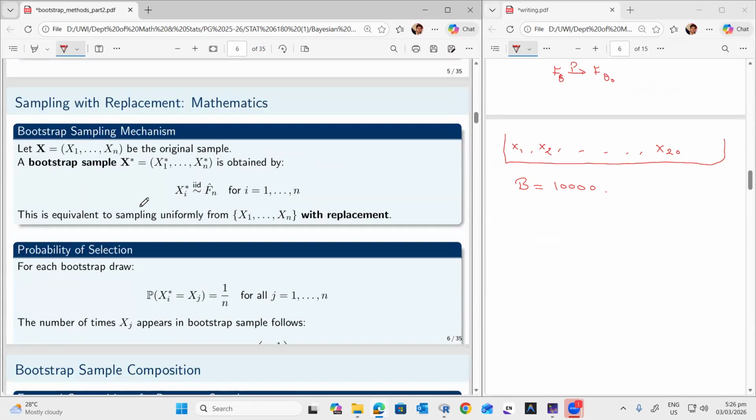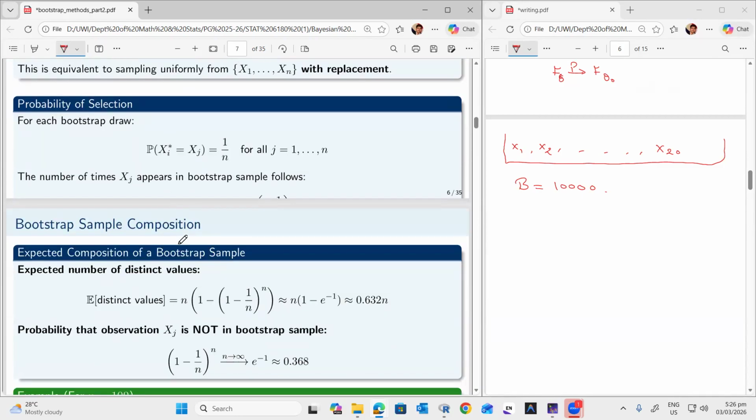So now, sampling with the bootstrap. As we have discussed, we take the sample x1, x2, up to xn from the population, that is our original sample, and the bootstrap sample x star equals x1 star up to xn star is obtained from F cap n, which is equivalent to sampling uniformly from x1, x2, up to xn with replacement.